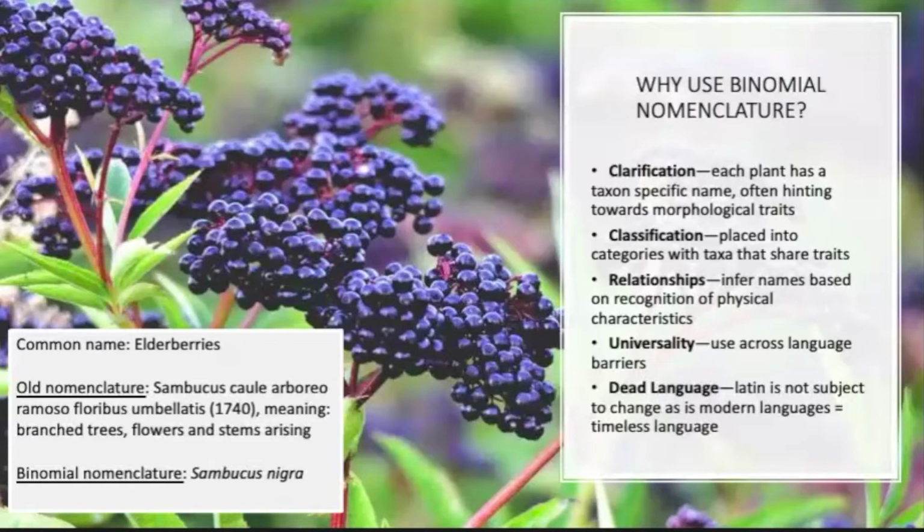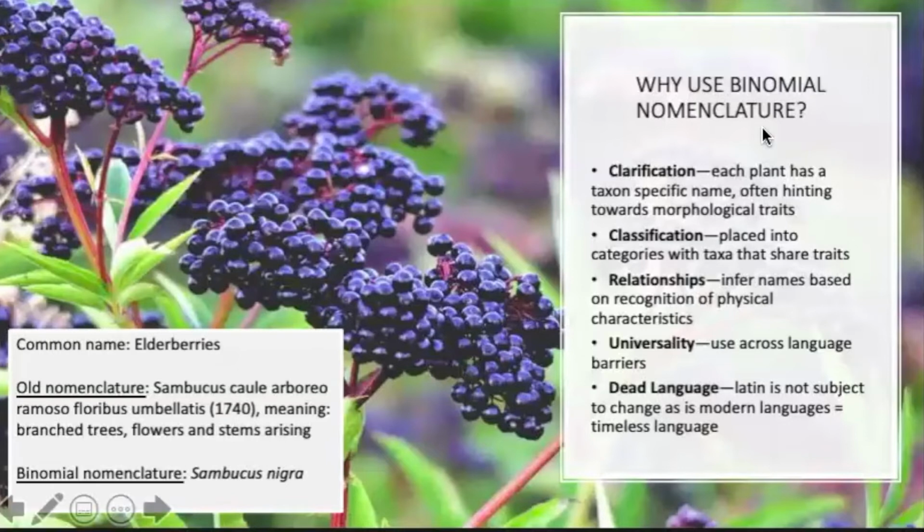It will be in Latin, which is very convenient for us because Latin's a dead language. Latin is not subject to change, as is modern language. So the name in itself will never change. Once you have a scientific name memorized, you should be good to go. Although we don't really speak Latin, it is very beneficial for naming in a scientific field.